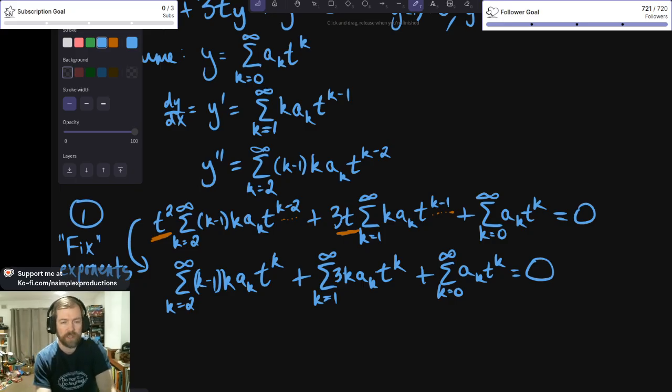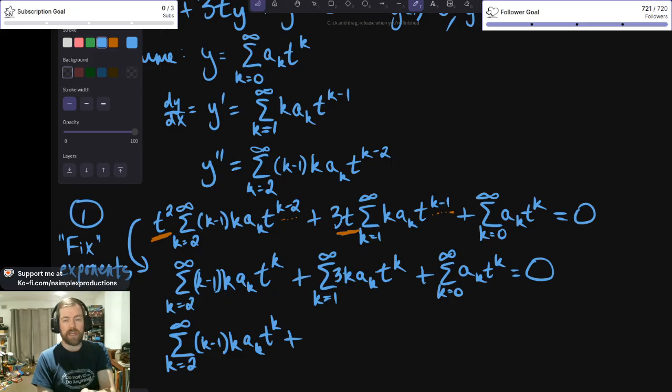So one of the things that we can do is, I kind of liken this to ablation. So we kind of burn off the extra terms. So we've got this (k minus 1) times k times a sub k times t to the k, plus, this has an extra term at k equals 1. So let's plug in k equals 1 and get stuff here. So when k equals 1, we get 3 times 1 times a sub 1 times t to the 1.